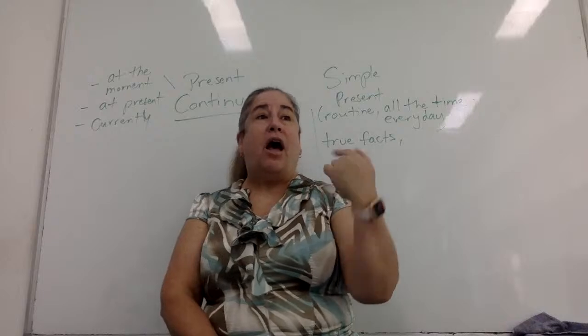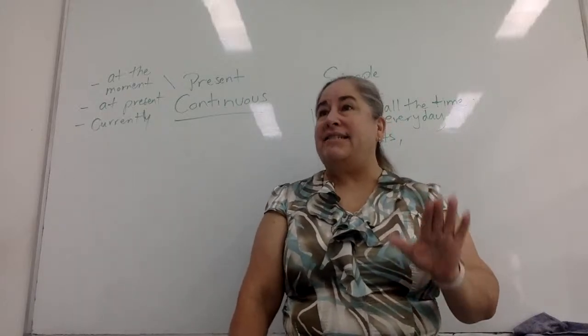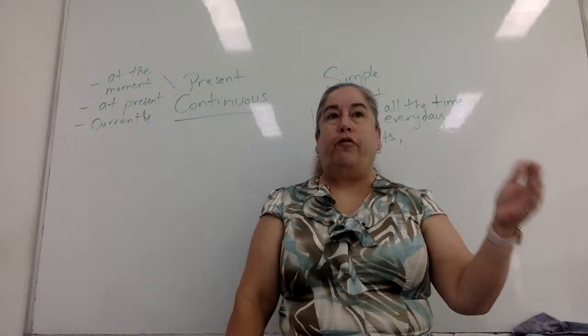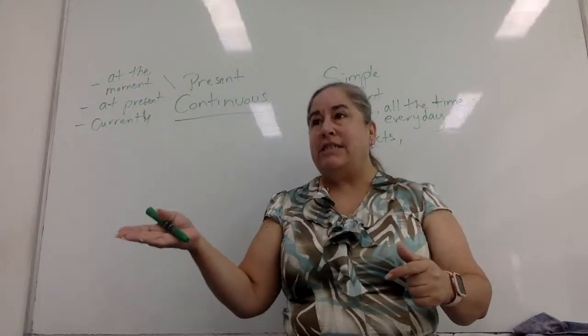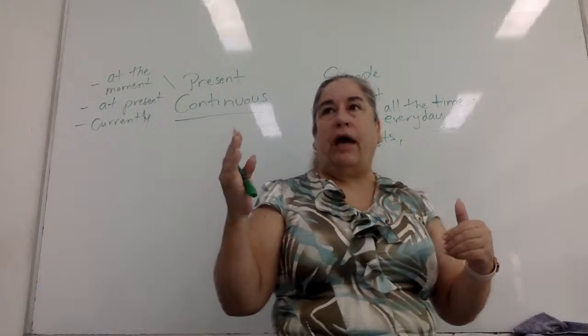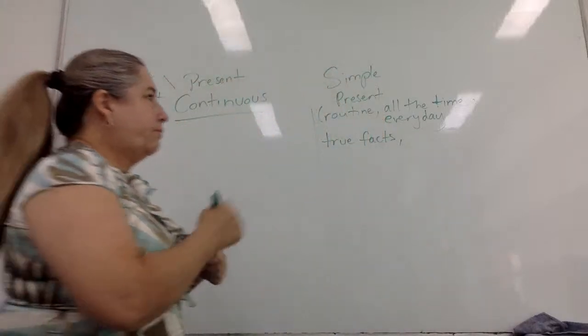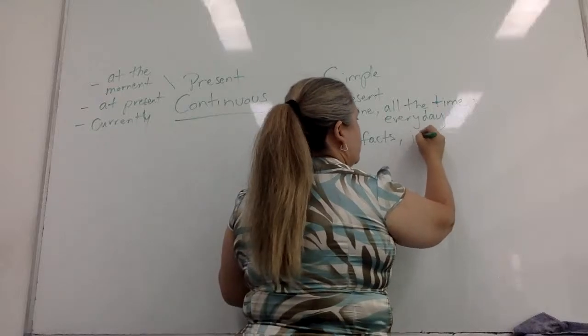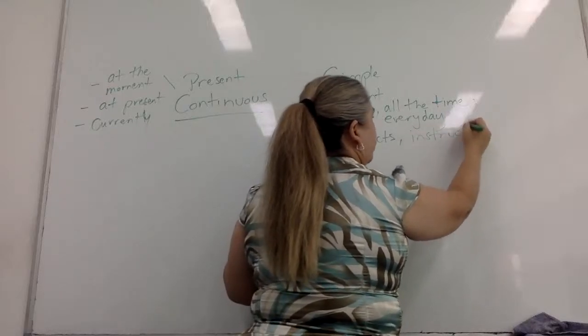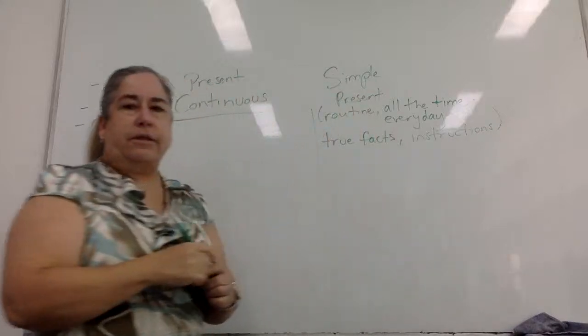So Kishore says, I work 6 hours, 6 days a week from 4 o'clock until 10 p.m. See, that's the routine. Okay? Got it? And also, we use our simple present for instructions. Yes?